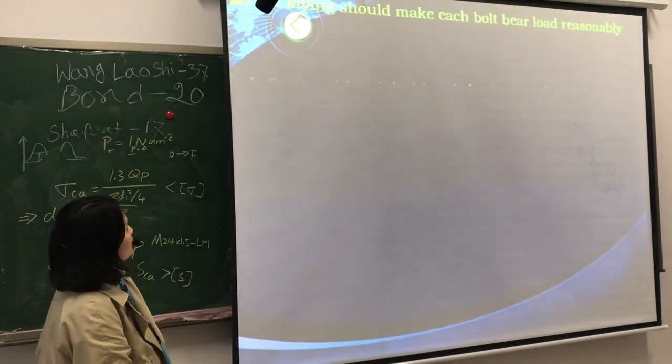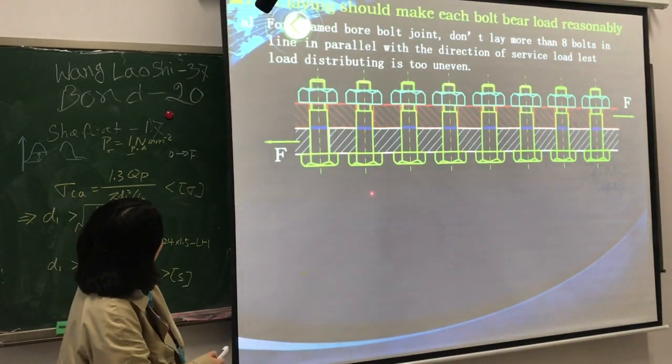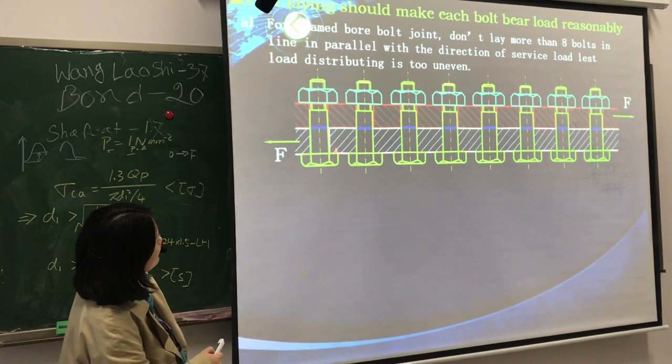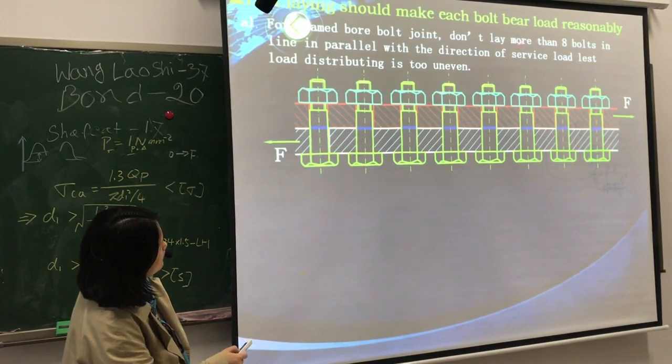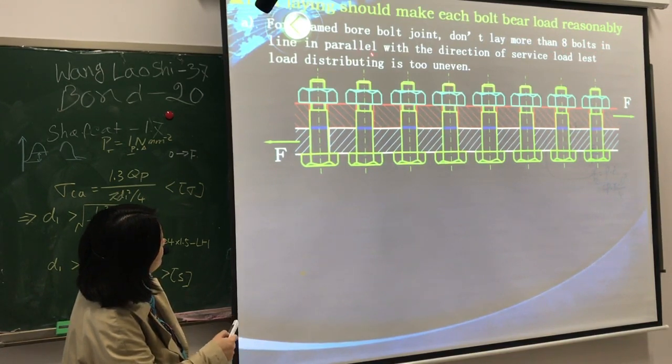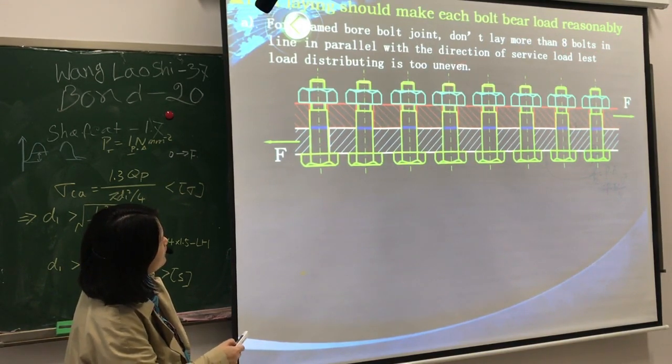And for reamed bolt joints, don't lay more than 8 bolts in a line parallel with the direction of the load.